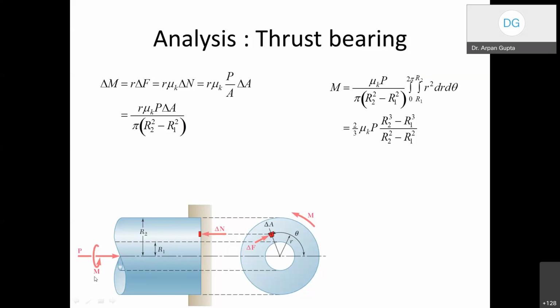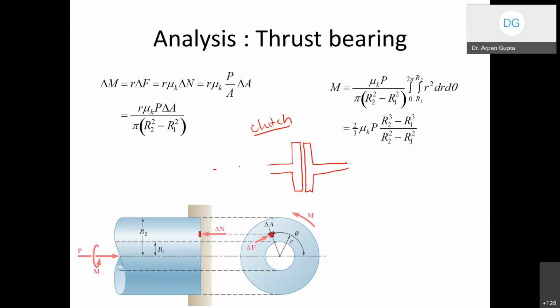Now, a very nice extension of this is what is called a clutch. A clutch has basically two plates which are together. So in a clutch, you will have two discs. So this is one disc, another disc.